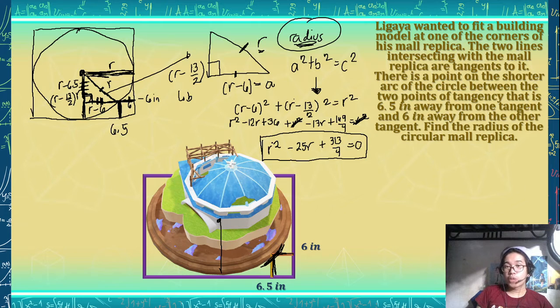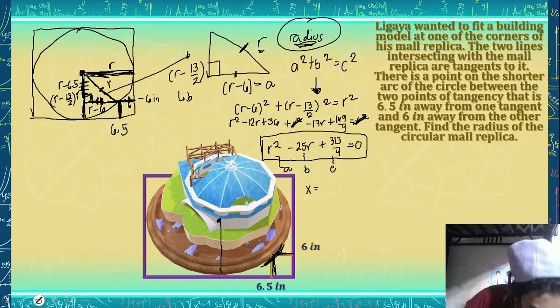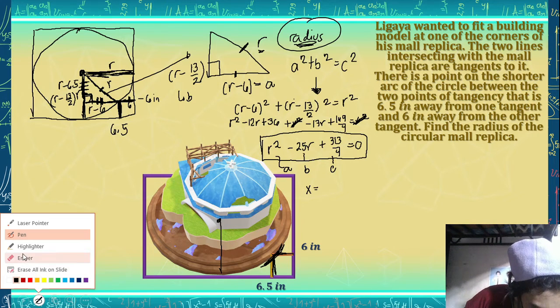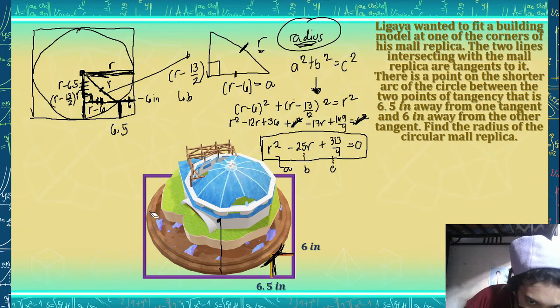And using the quadratic formula, we can solve for the value of r if we use our numerical coefficients for this problem. Okay, for this one, let's try to use r.